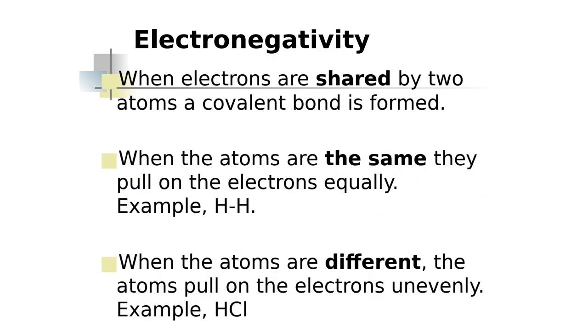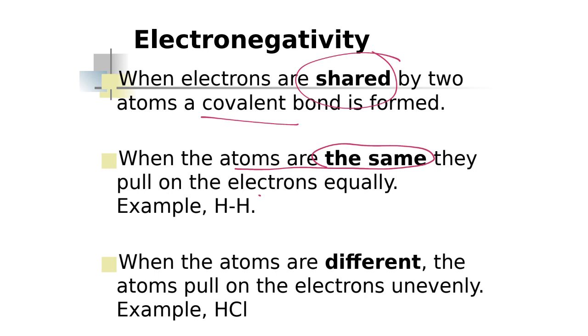When atoms bond, they can either transfer electrons in an ionic bond, or they can share electrons in a covalent bond. Electronegativity has more of an impact in covalent bonding because if the atoms are the same, they're going to pull on those electrons equally. Remember, this electronegativity value is attraction for electrons in the bond.